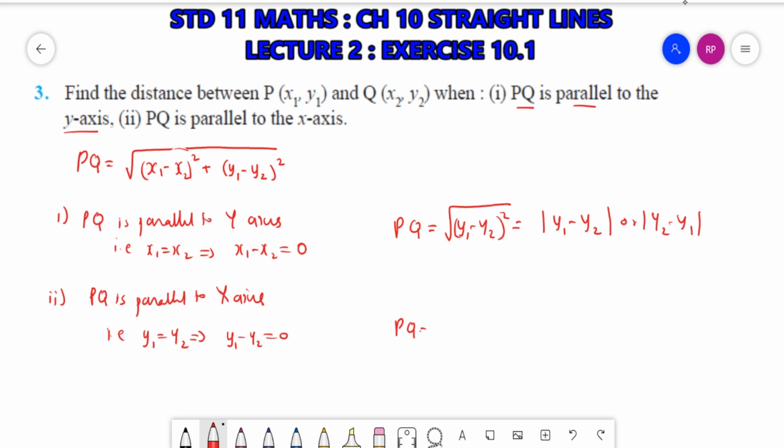So in that case, PQ will be equal to the square root of (x1 minus x2) square. So I can write x1 minus x2 or x2 minus x1, as it is modulus, we will get the same answer. Okay, so this was about question number 3. Just note it down.